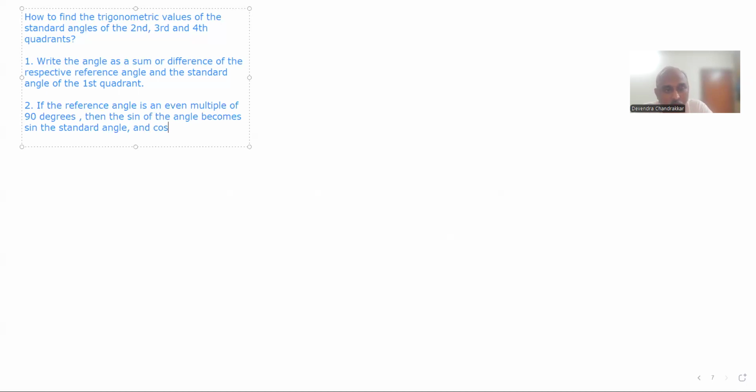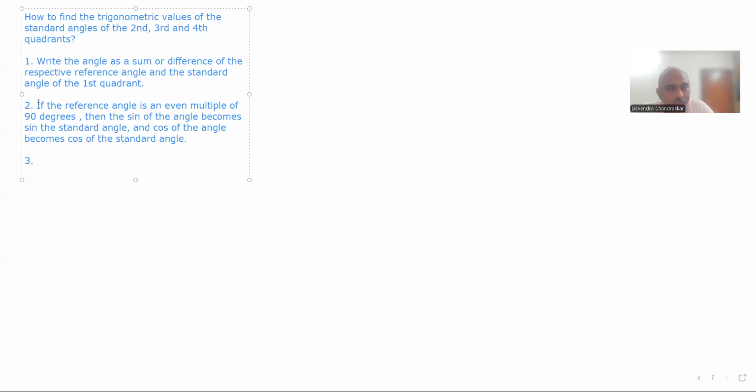And cos of the angle becomes cos of the standard angle. ठीक है?